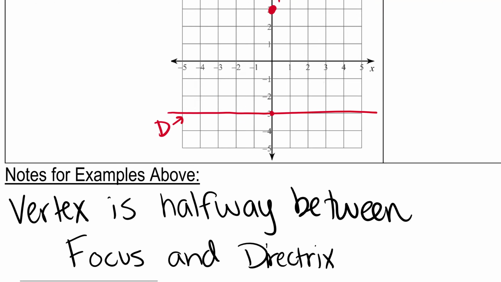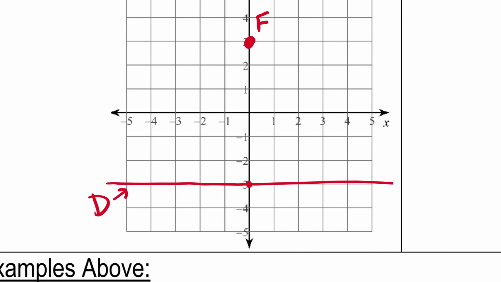So on here, if I were to count these, I would count from focus. I go 1, 2, 3, 4, 5, 6. Okay, so of course half of that is 3. So if I just go 1, 2, 3, here's my vertex. So that's easy. If you want to label vertex, you can.